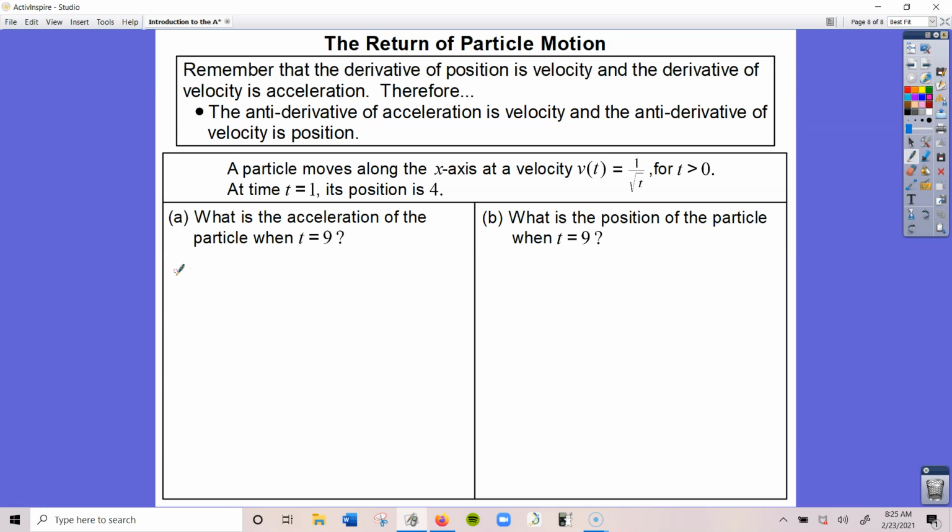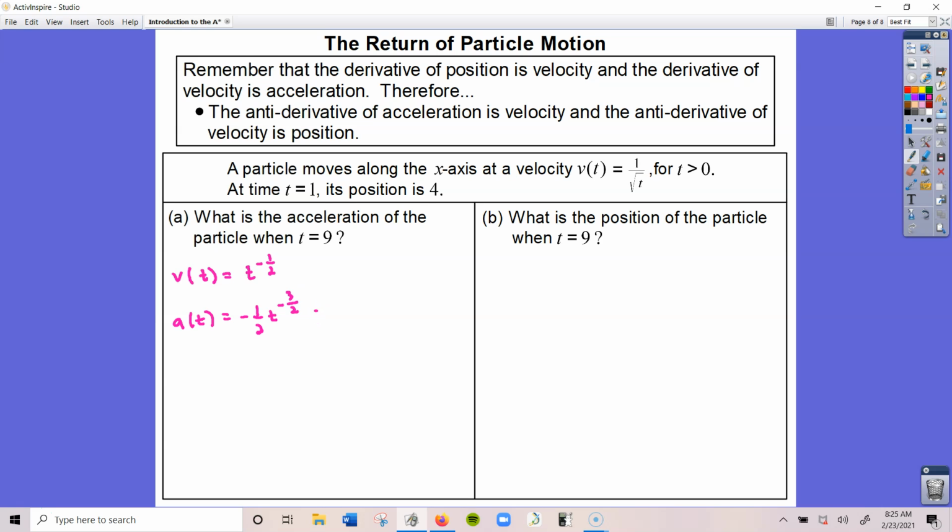So first I am going to rewrite velocity so that it is easier for me to differentiate. Velocity is equal to t raised to the negative 1/2. Since it is a square root, the exponent is 1/2, and in the denominator we make that exponent negative. So that means that a of t is going to equal negative 1/2 t raised to the negative 3 over 2.